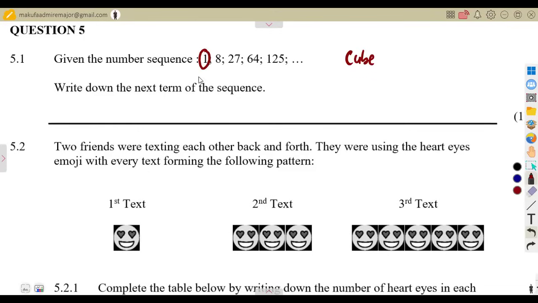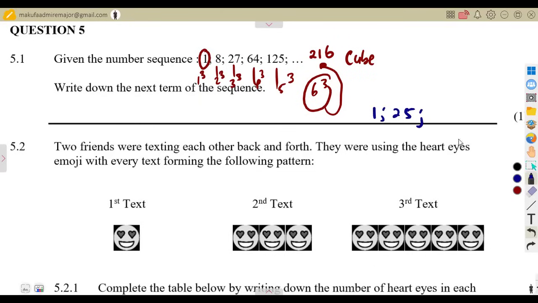This is 1 to the exponent of 3, 2 to the exponent of 3, 3 to the exponent of 3, 4 to the exponent of 3, 5 to the exponent of 3. So it means 6 to the exponent of 3 is going to give us 216. These are perfect cubes. Just like maybe I'm given 1, 4, 9, 16, and so on.